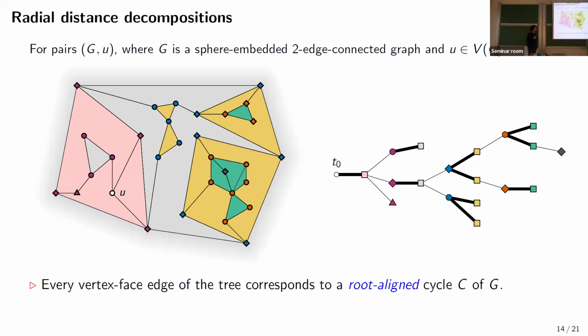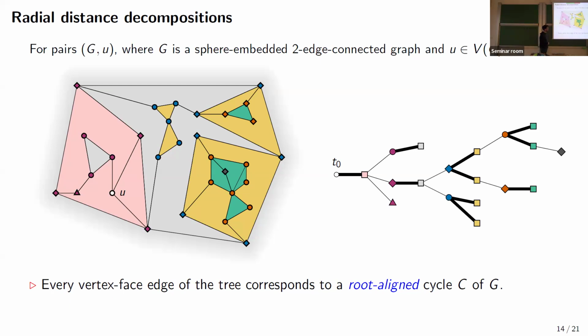And here you can see that every time you have this edge, corresponding to this bag of vertices and this gray face here, you have this cycle bounding the face. So for every vertex-face edge, I have a cycle.